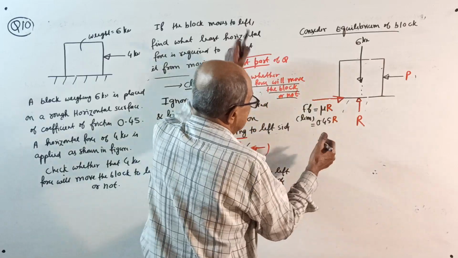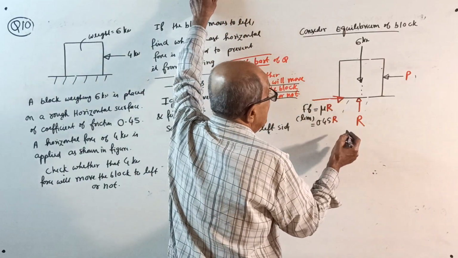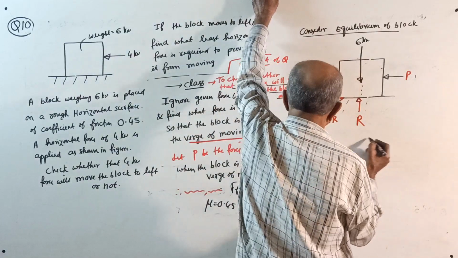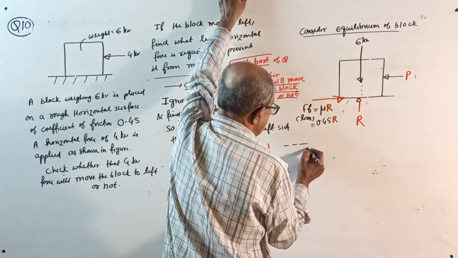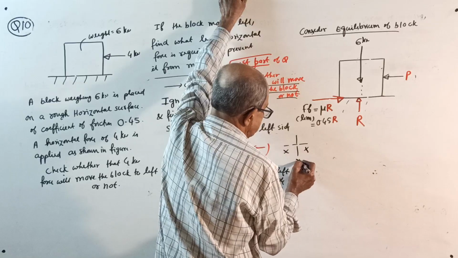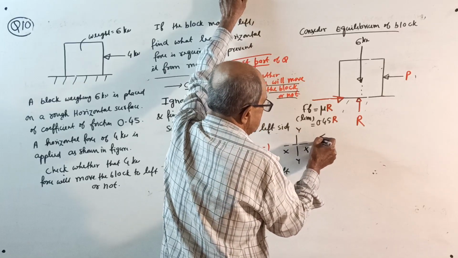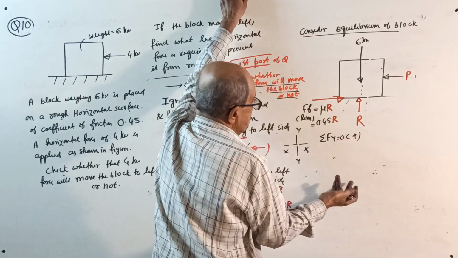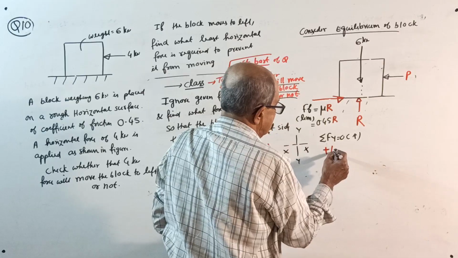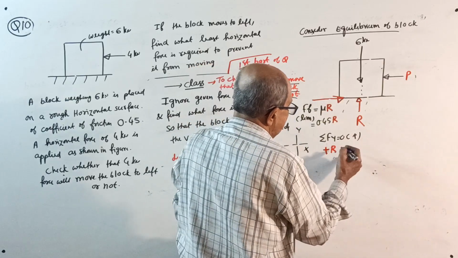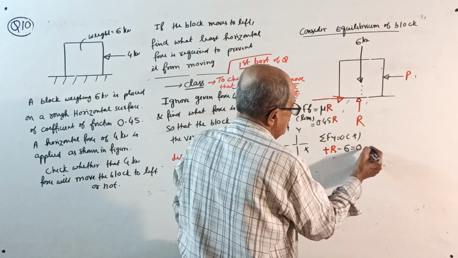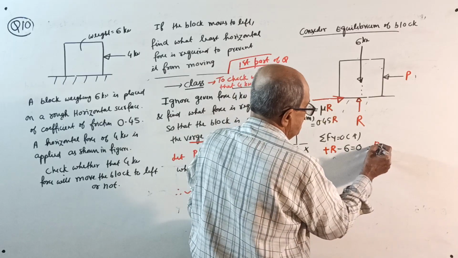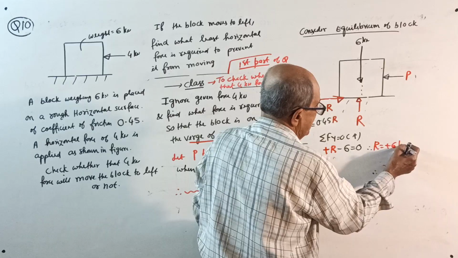Now do one thing. Show the axes somewhere, X and Y. You have to always write it. Start: sigma Fy equal to 0, take upward positive. Plus R minus 6 equal to 0. Therefore, R equal to plus 6 kilonewton.